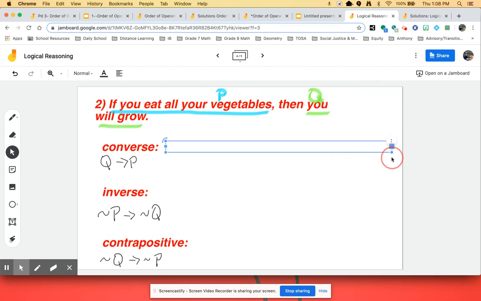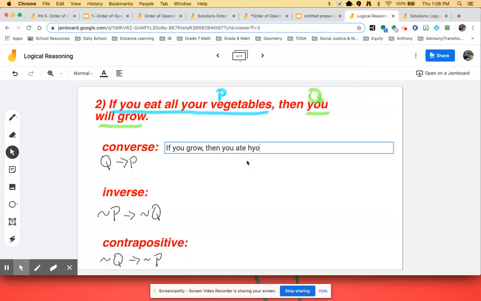So for my first statement, I'm reversing my Q and my P. So my statement would be, if you grow, then, and you can change the verb tense, you ate all your vegetables.